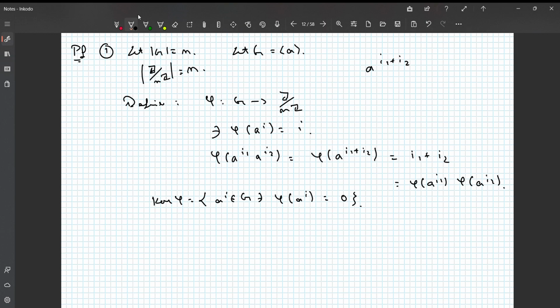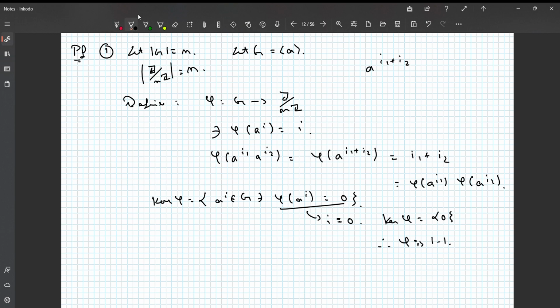But phi of a to the power i equal to 0 means i is equal to 0 itself. So the kernel of phi is the singleton set 0. Therefore phi is 1-1.